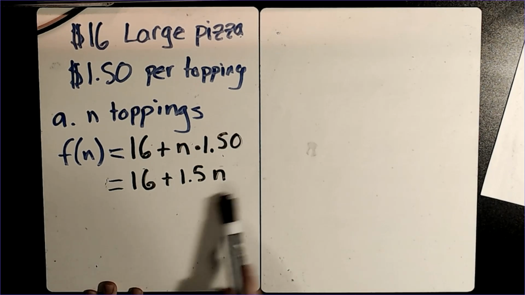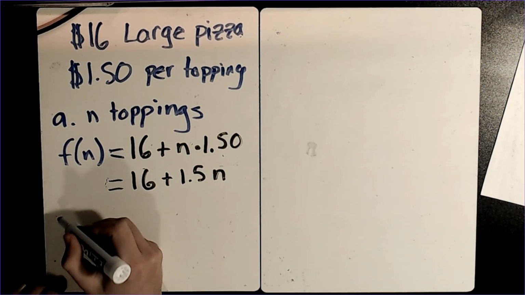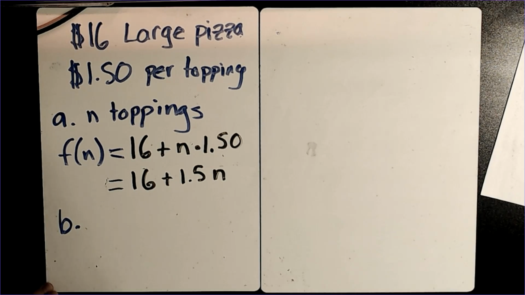This is just maybe a little bit nicer way of writing it. Okay, so that's the function that gives us the price for the pizza depending on the number of toppings.